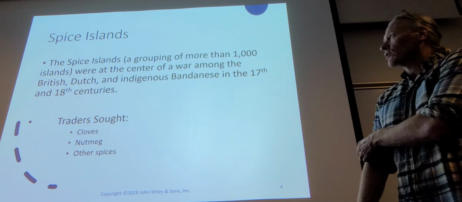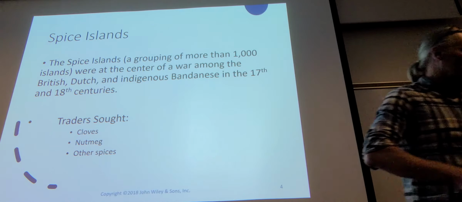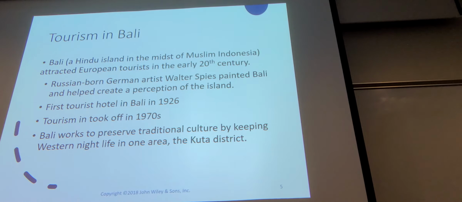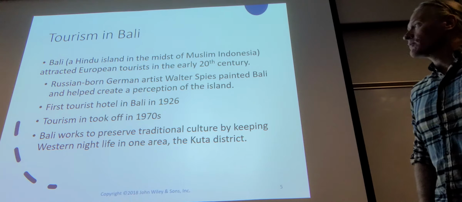This was the reason the British and the Dutch came in here, getting money for a number of different spice trades. We talked a little bit about tourism before, about tourism basically increasing through time.